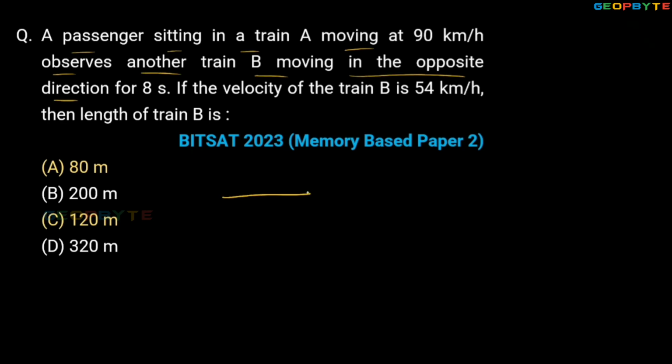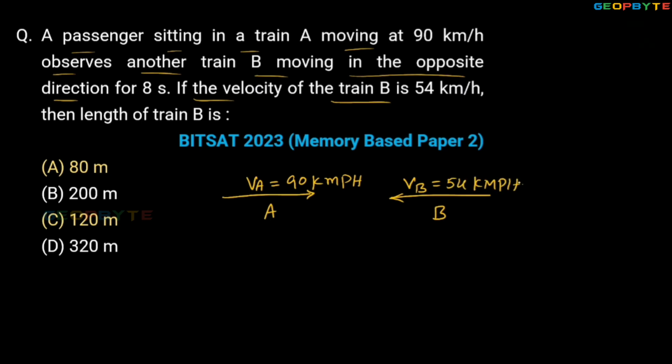Let us say the train A is moving in this direction with a velocity VA equal to 90 kilometer per hour. The other train B is moving in this direction with a velocity VB of 54 kilometer per hour.